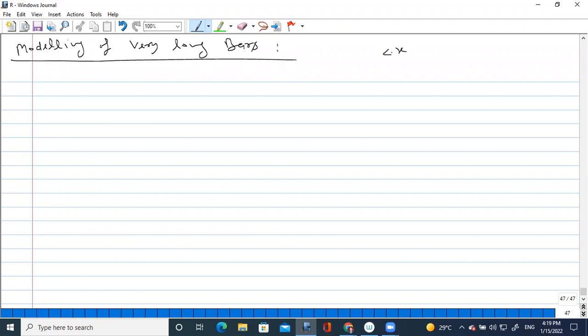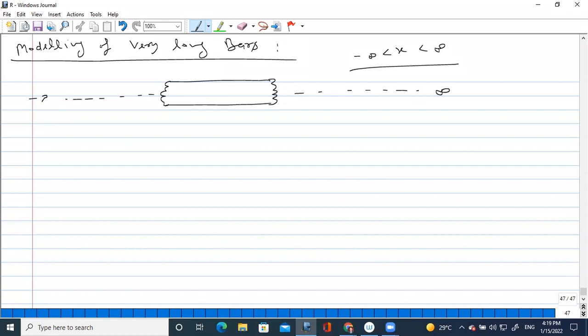Means here, earlier x was between 0 to L, here x is between minus infinity to infinity. So this is our condition. So this is our bar. This side going up to plus infinity, this side going up to minus infinity.